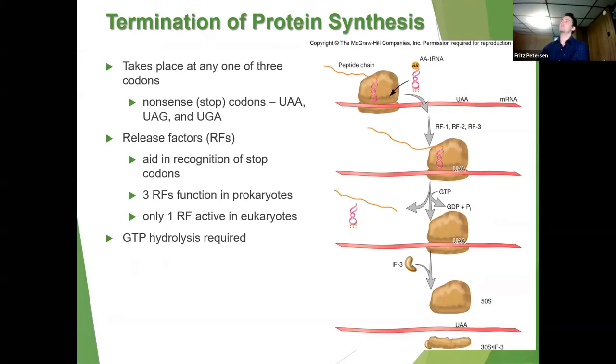So these codons are then recognized by protein release factors that resemble the tRNA. The release factors instruct the peptidyl transferase to add a water molecule to the carboxyl end of the P site amino acid. And this reaction forces the P site amino acid to detach from its tRNA, and the newly made protein is released. So that's what happened here.